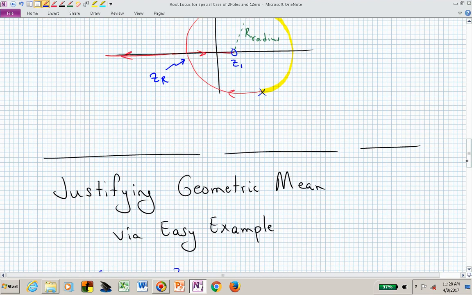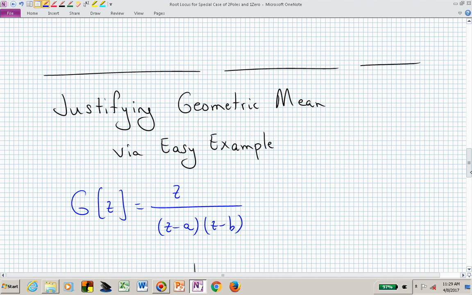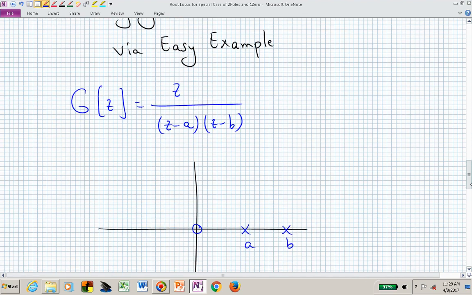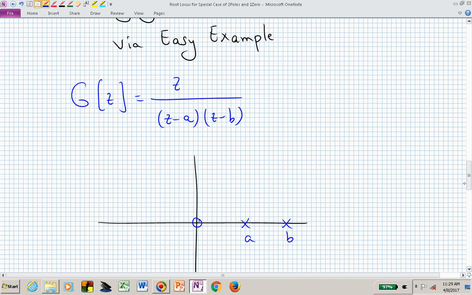Let's now see if we can justify why we have this particular geometry, or this geometric shape of a circle, for this type of two-pole, one-zero collection of poles and zeros, where the two poles are actually to the right of the 0.